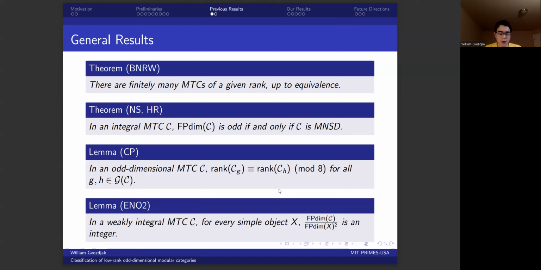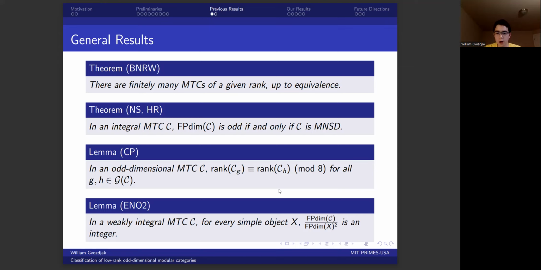Finally, we know that in a weakly integral modular category C, for every simple object X, the ratio of the Frobenius parent dimension of the category C in general, divided by the square of the Frobenius parent dimension of the simple object X must be an integer. So this is really useful because it greatly restricts what the possible values of FPDIM X are.